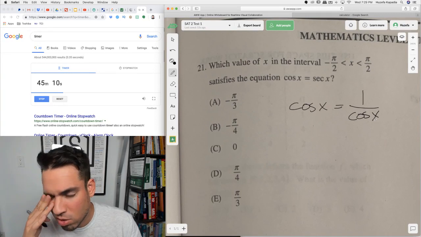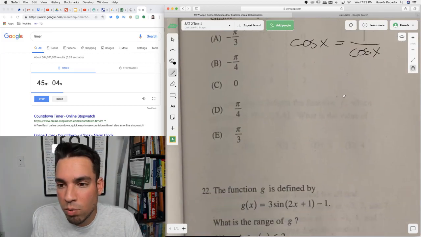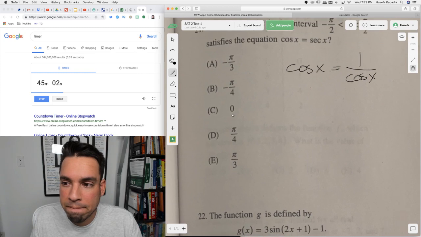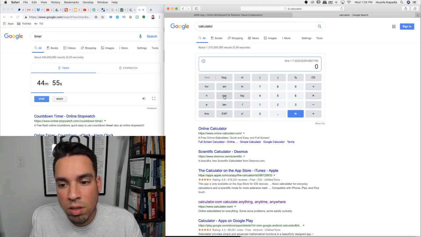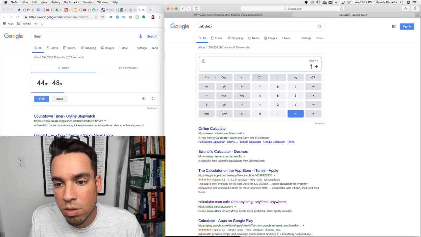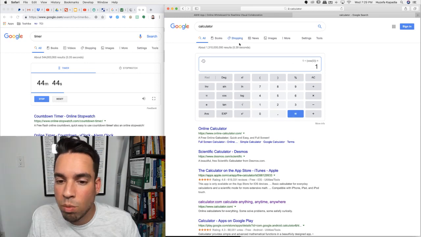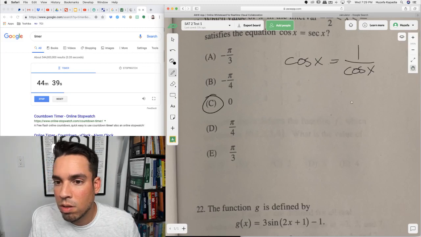Cosecant is the inverse of sine. And cosine equals 1 when x is 0, because cosine of 0 is 1. And watch this: 1 over cosine of 0 is also 1. All right? So it's 0.